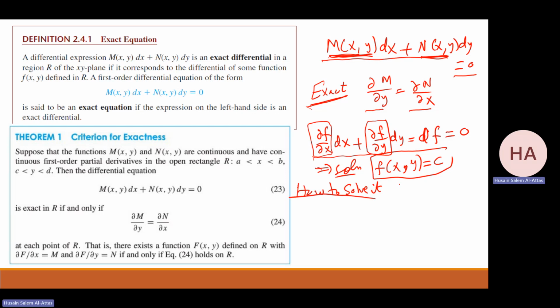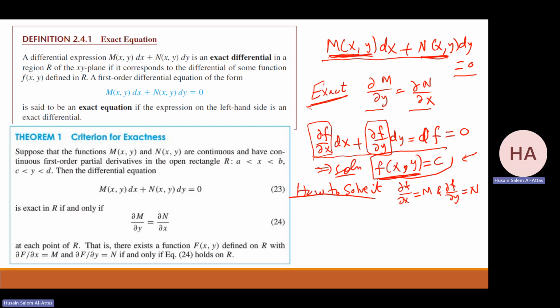Mainly, I have this. I need partial f with partial x equal M, and partial f with partial y equal N. That's it. I'm looking for f, because if you look at the solution, this is c, khalas. I need f. If I get f, I get everything.